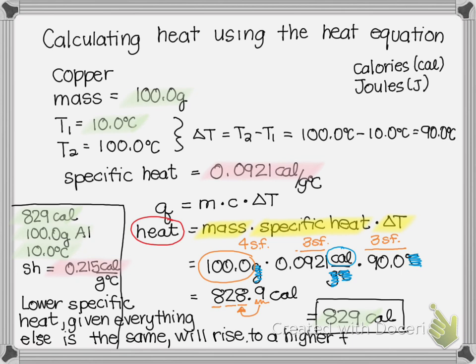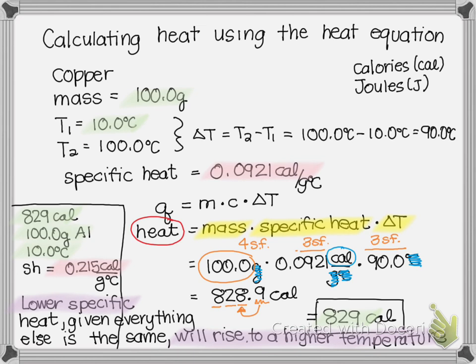Sorry, I'm running out of room here. So just to highlight a few of the important parts here. Lower specific heat, everything else being the same, and they told us everything else was the same. Same heat, same mass, same initial temperature. If everything else is the same, the lower specific heat will rise to the higher temperature.